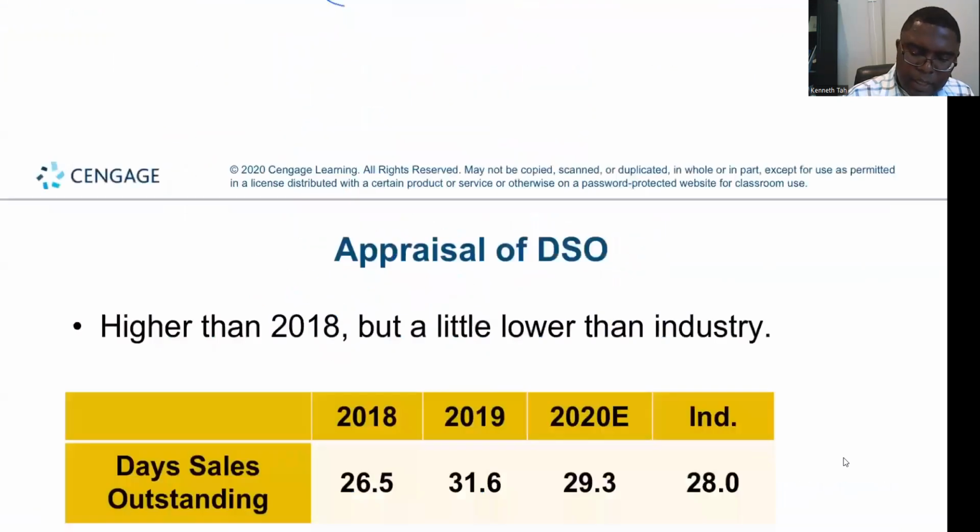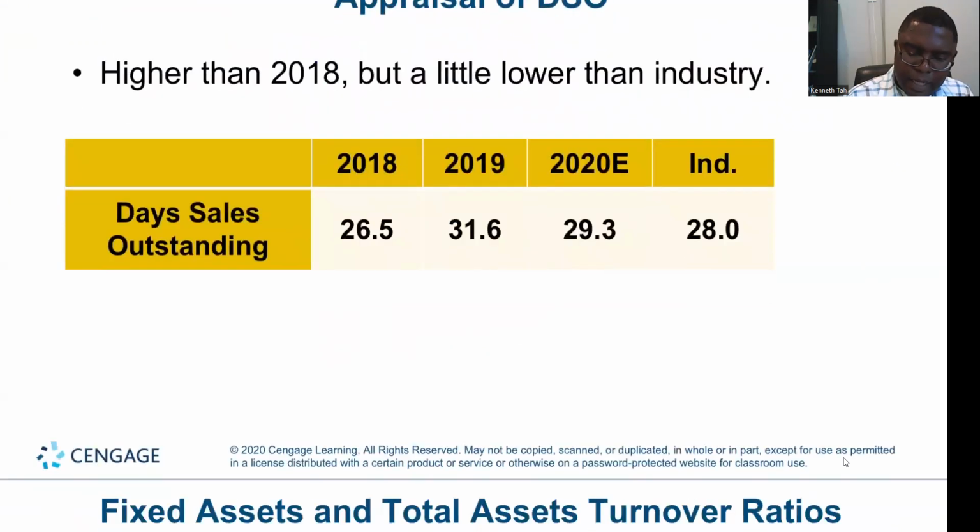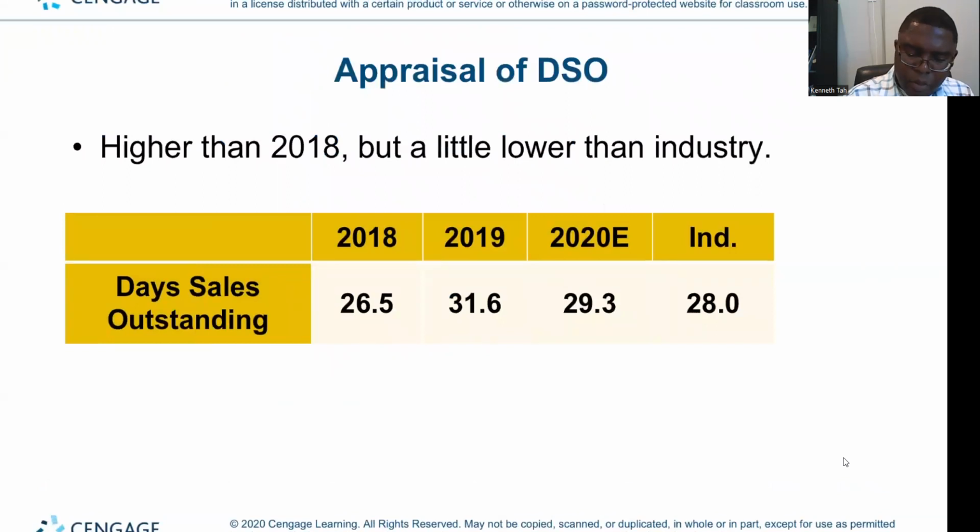If we look in terms of time series, we find that the company seems to be doing okay because the day sales outstanding has dropped as the company moved from 2019 to 2020.